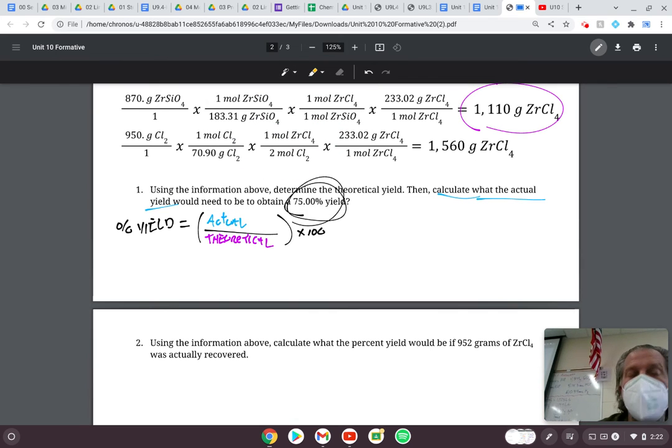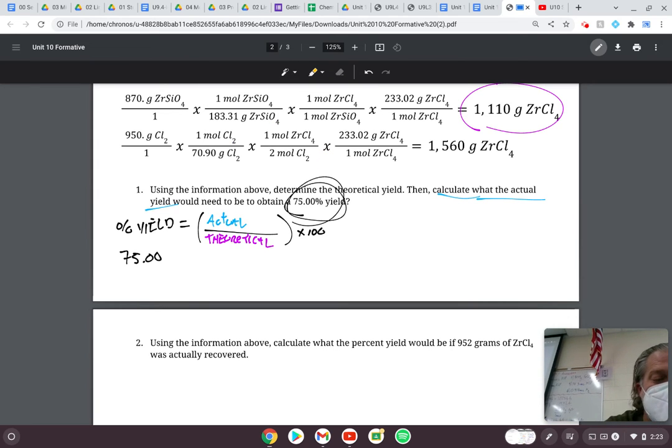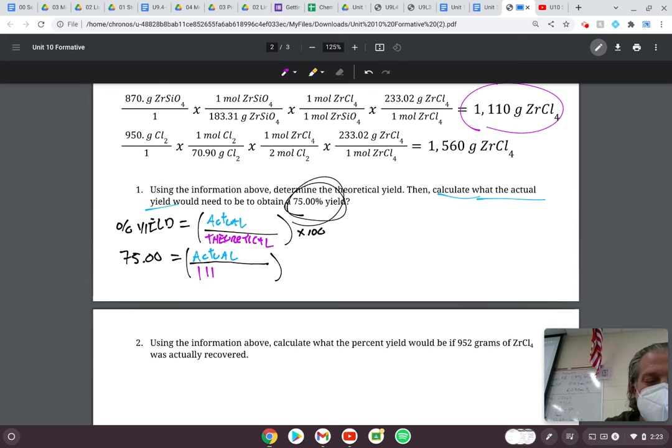So in this problem, we know the percent yield is supposed to be 75%. And we are going to calculate the actual yield. And we know the theoretical yield is 1,110 grams of ZrCl4.